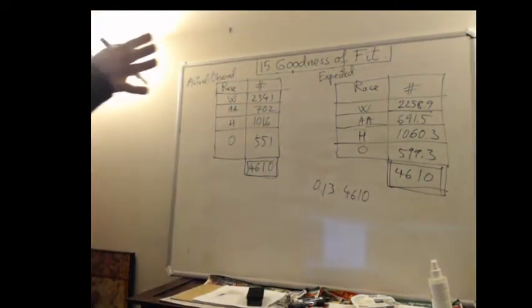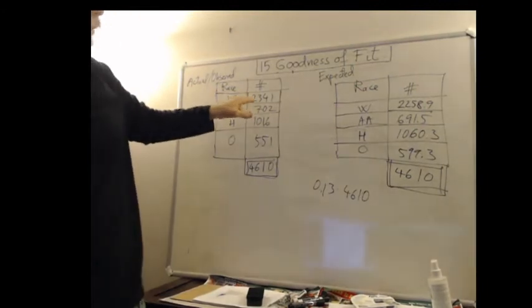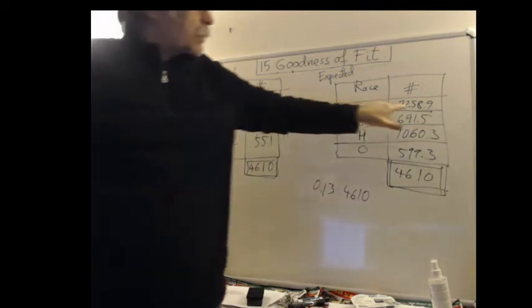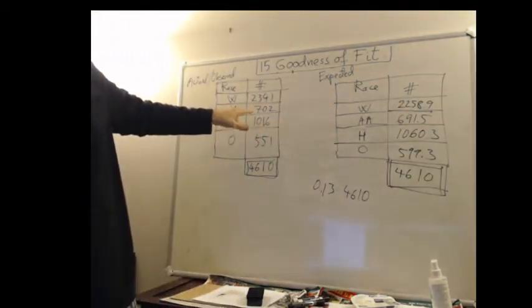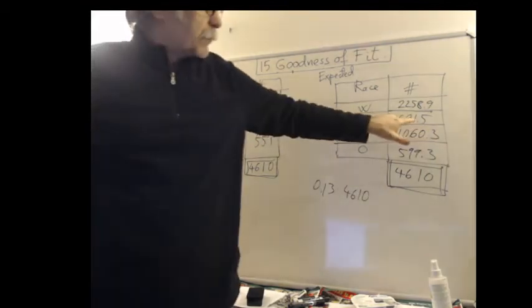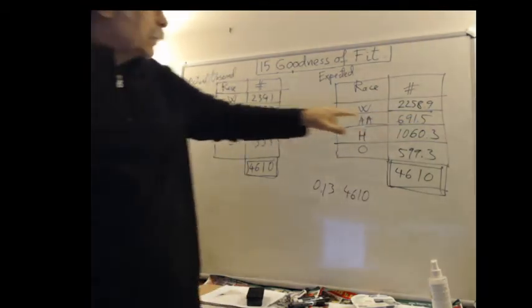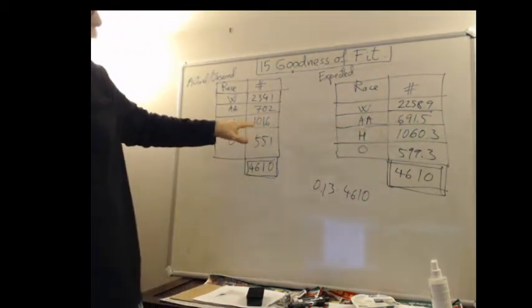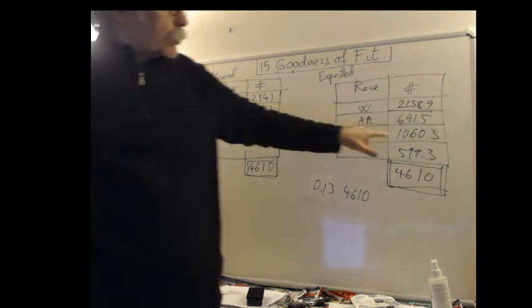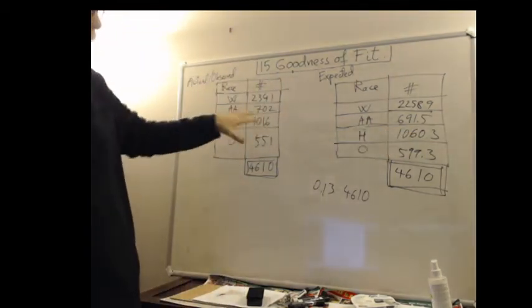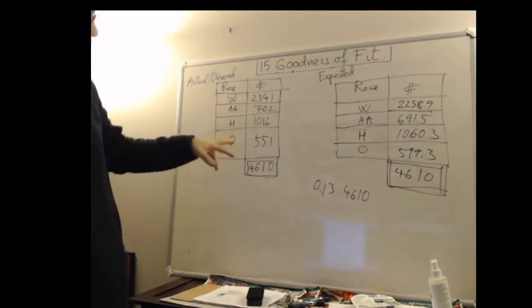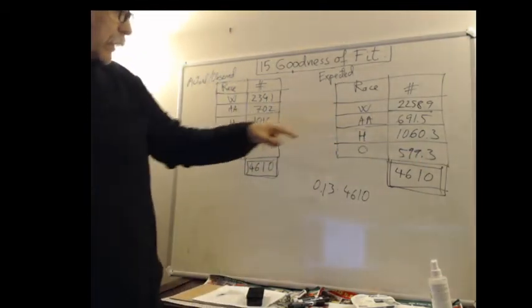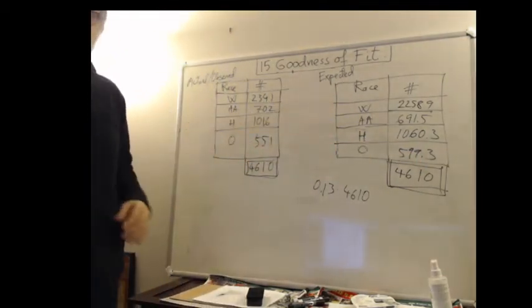Okay, so I can compare these two tables. This is a little bit overcounted here. More whites than you would expect. African Americans are not that far away from this number, so looks okay. Hispanics, you have somewhat less than what you would be expecting, 44 less. And now these others are also less than what you're expecting. You're expecting that number over there, and you have this number here, so it's like 48 less than expected.